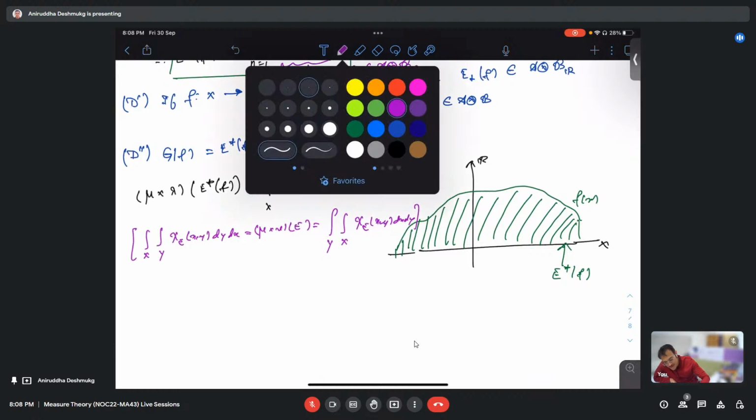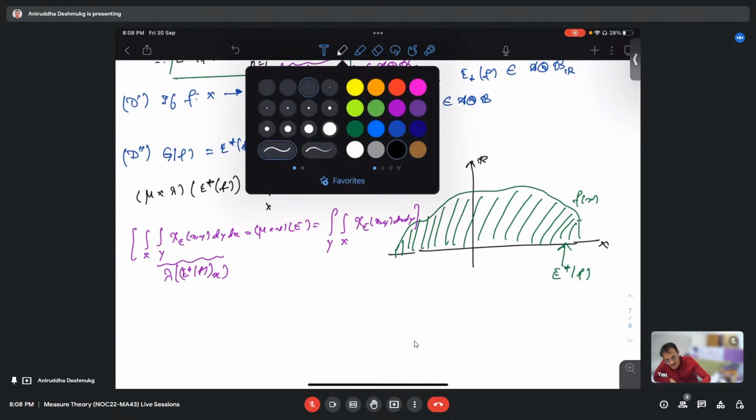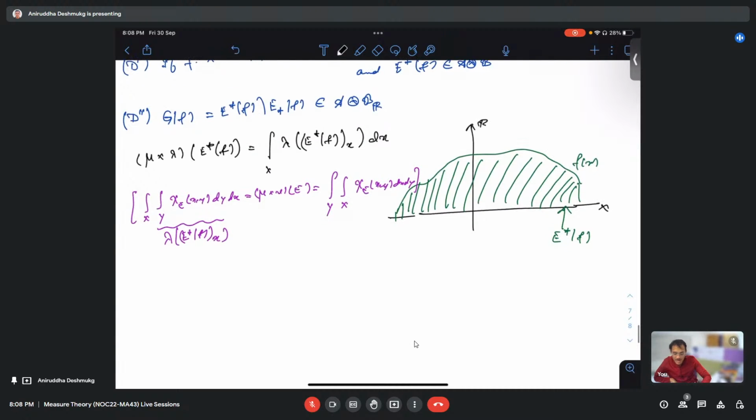So the first one I have already done, because this is precisely lambda of E star f x. Whichever you want to consider x and y, it doesn't matter. Now we just need to see what this E star f x section is.